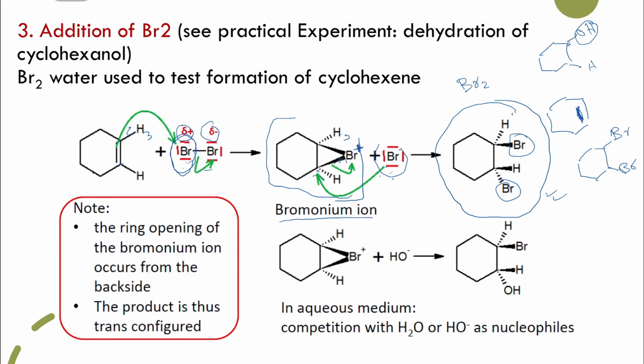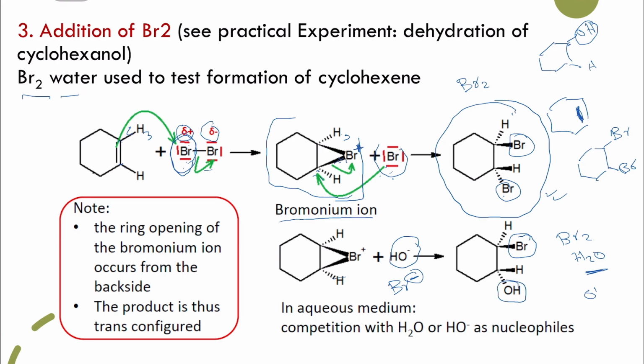So what if we use bromine water? If we have bromine and we have water in our medium, then the water will compete with the bromide in the second step. So the OH will compete with the bromide in the media, and then instead of having a dibromo product, we are going to have a bromide on one side and a hydroxy group on the other side.